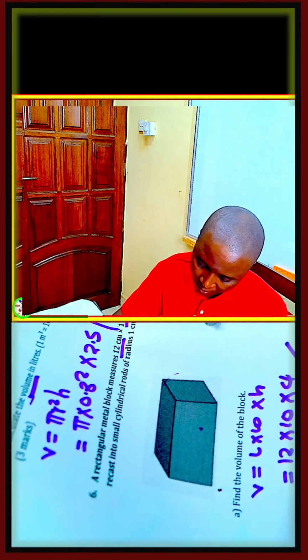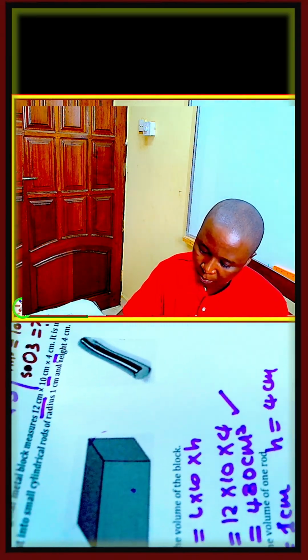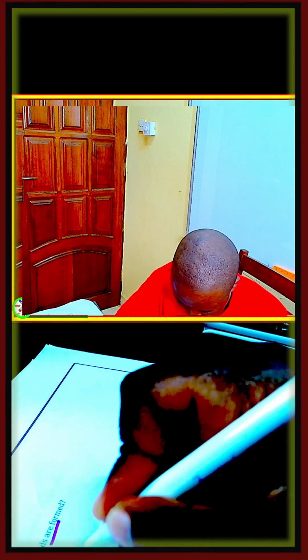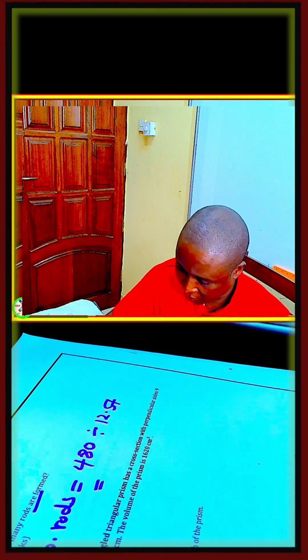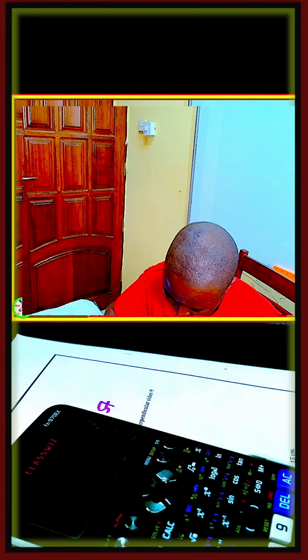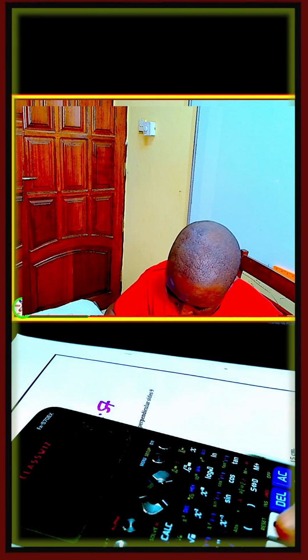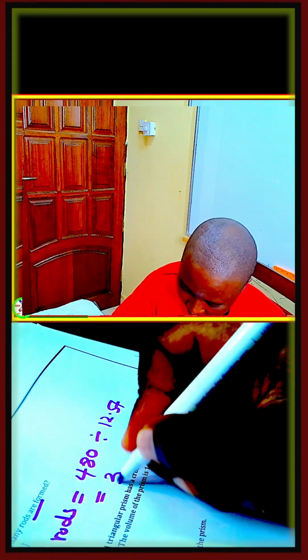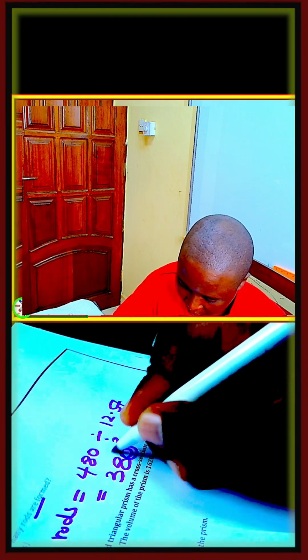So the number of rods is 480 divided by 12.57, and if we do that, we are going to get 38 rods.